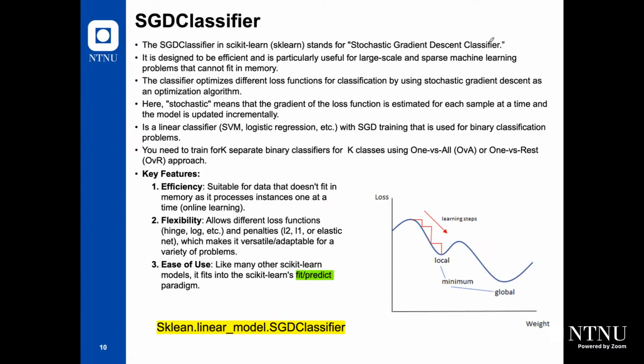We just train example by example. And it's a linear classifier, which is support vector machine or logistic regression with SGD training, used for binary classification problems. And also you can train it for k-separable binary classes. And it can also use the technique which is one versus all or one versus rest approach.